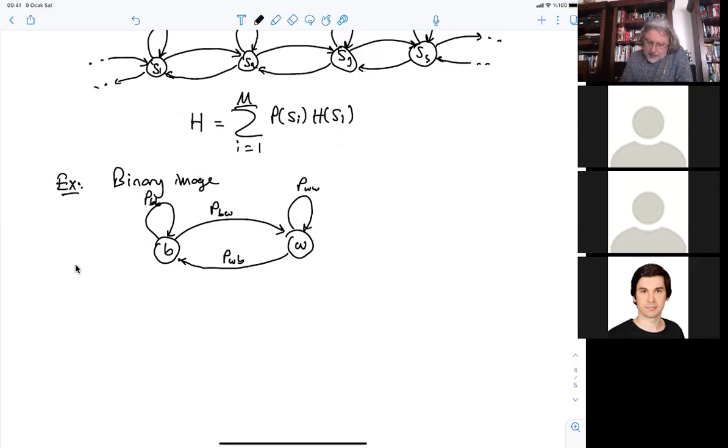And here, the entropy of the black pixel comes out to be the probability of white to black, this one, times logarithm of probability of white to black, because by the way, I have to put a minus sign, sorry about this.